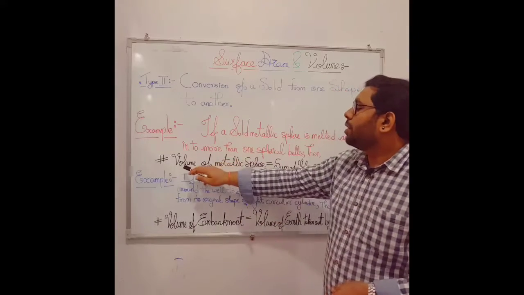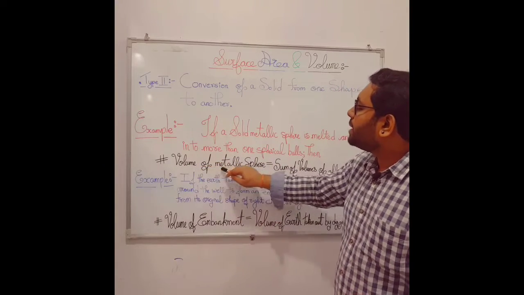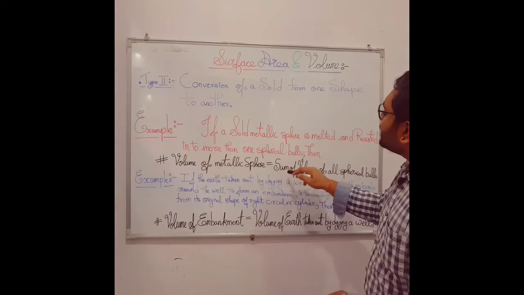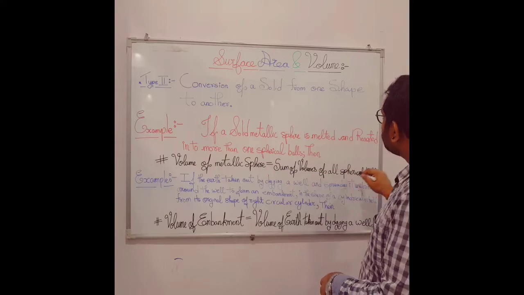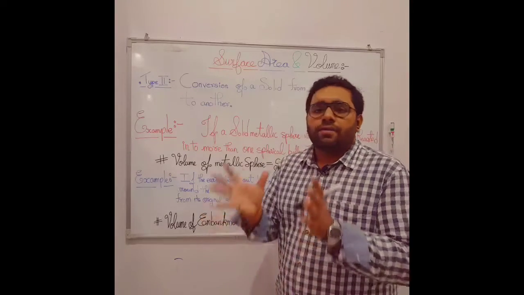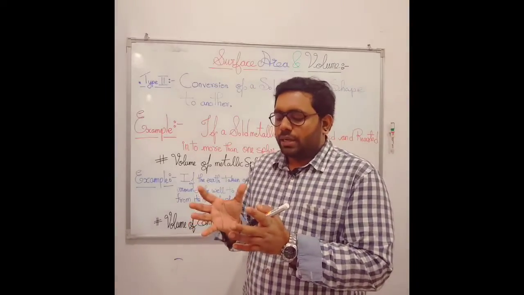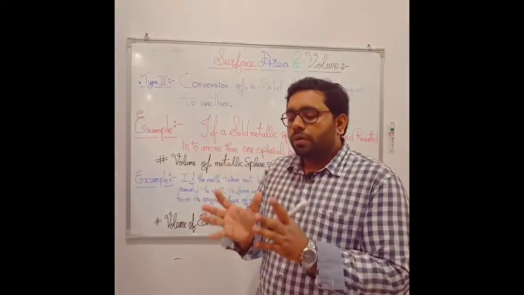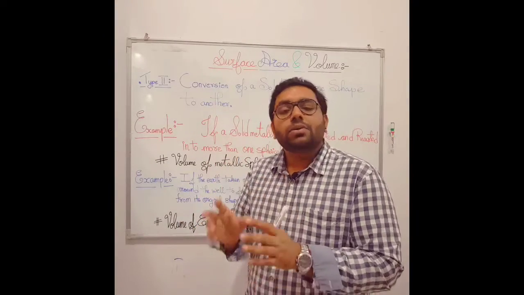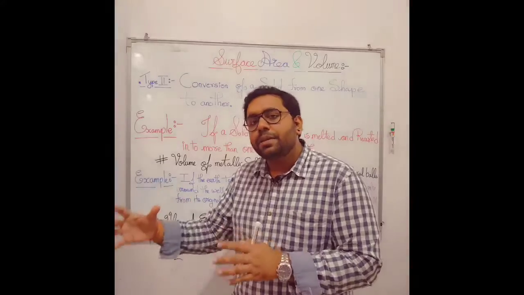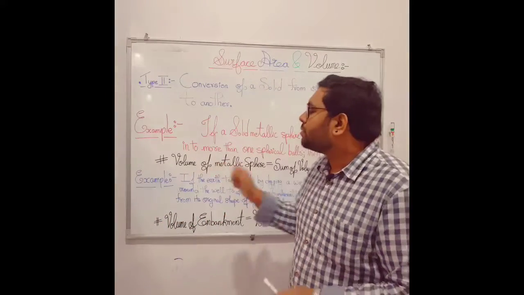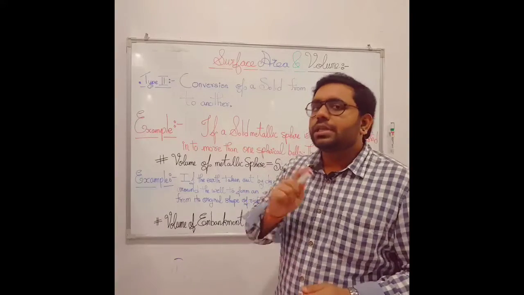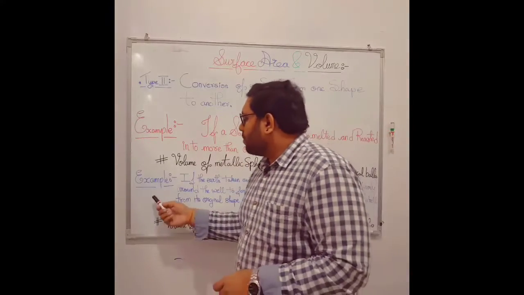What you have to understand is that the volume of the metallic sphere, that is the volume of the entire big sphere, is equal to the sum of volumes of all spherical balls. Let's say I have this big sphere, I melted it, then I made 10 small balls, which means the volume of this particular sphere should be equal to the volume of all the 10 spheres combined together. That's what they are trying to say. Or in simple terms, volume is always constant. Just remember that.